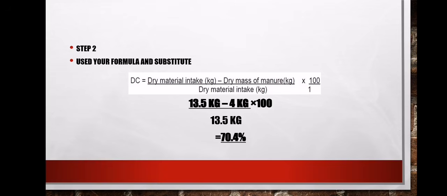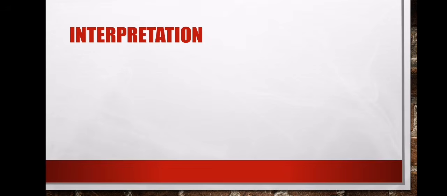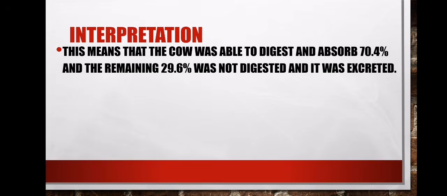When you look at this 70.4, what does it say to us? It simply means that the animal, or the cow, was able to digest and absorb 70.4%, and the remaining 29.6% was not digested and it was excreted.